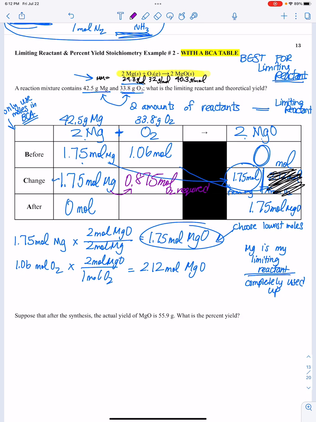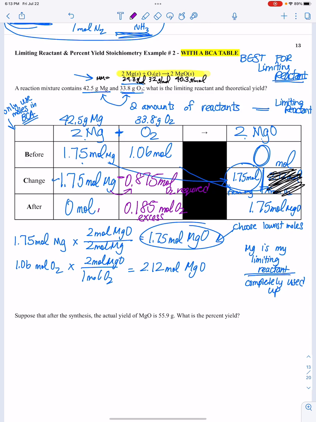I have plenty. So if I want to figure out what my change is, then that's 0.875, I could calculate my excess. 1.06 minus 0.875, and I get 0.185 moles of O2. This is my excess. I have 0.185 moles of O2 in excess.